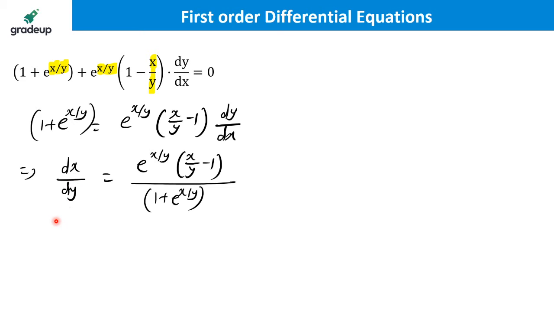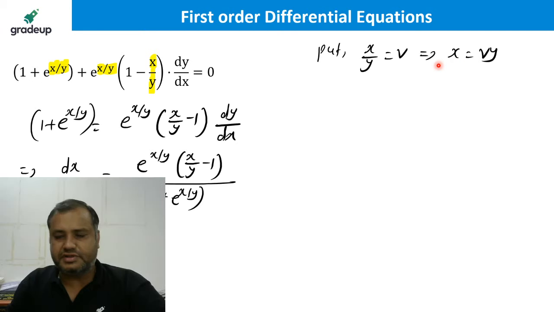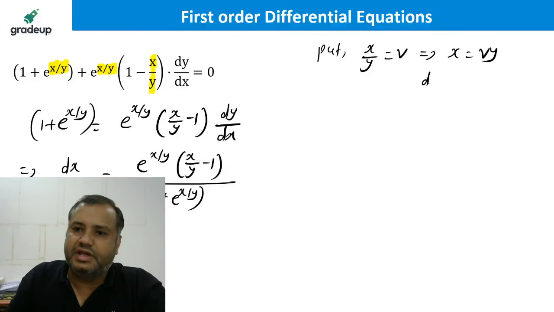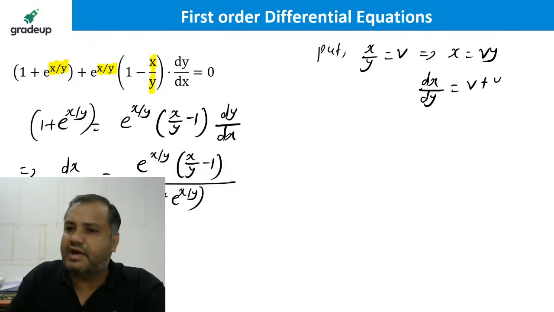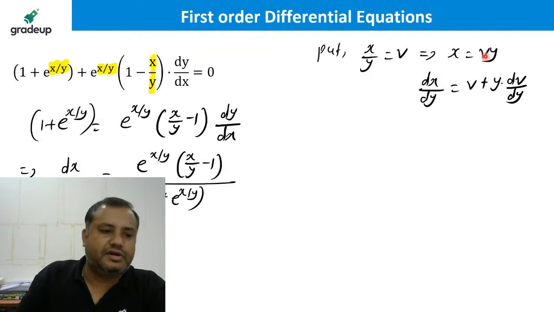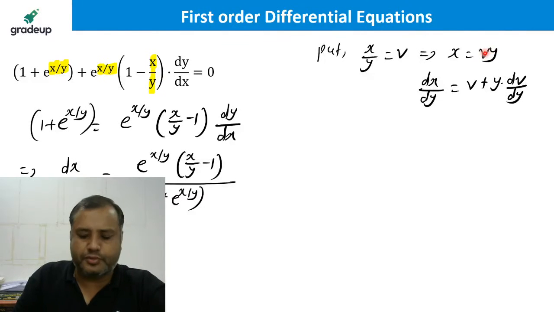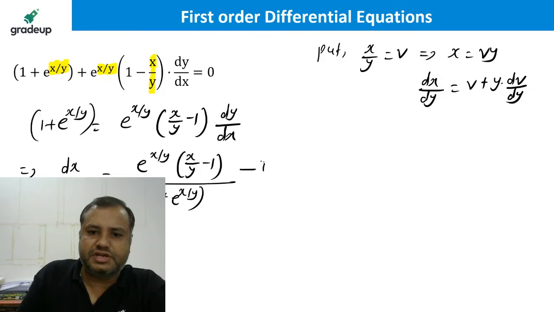And now you have to put x by y equal to v. x equal to vy. Differentiate with respect to y. So dx by dy equals v plus y dv by dy. I differentiated it following the product rule. So this is equation 1.